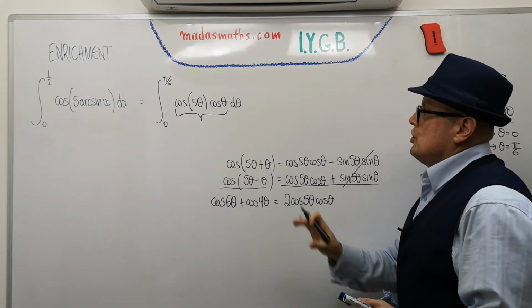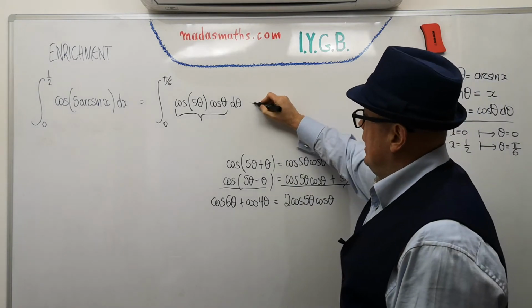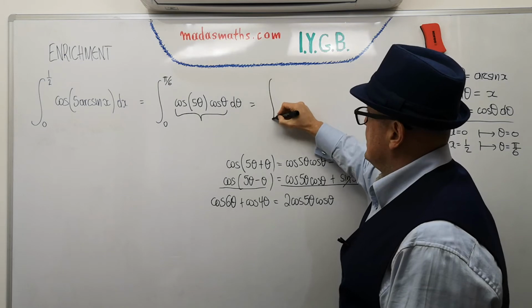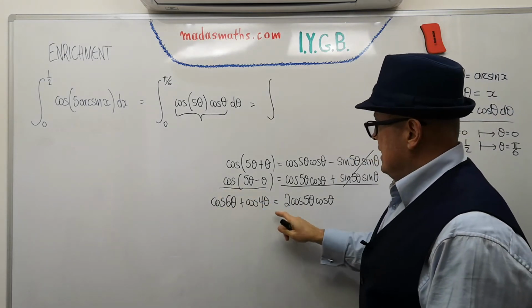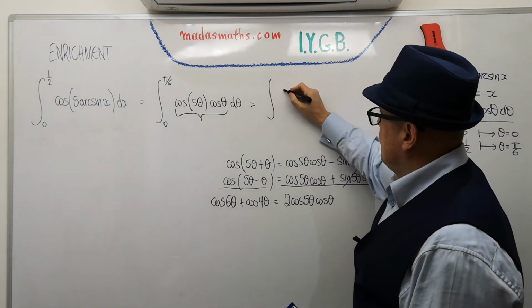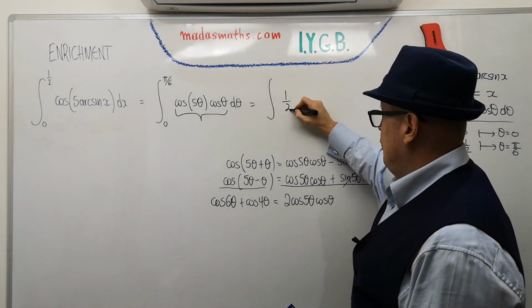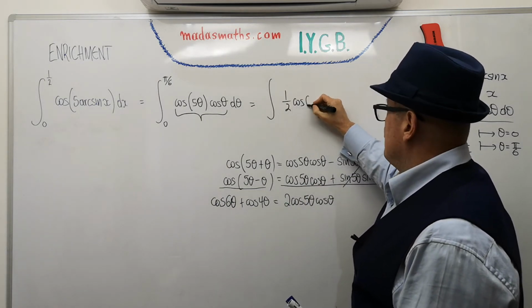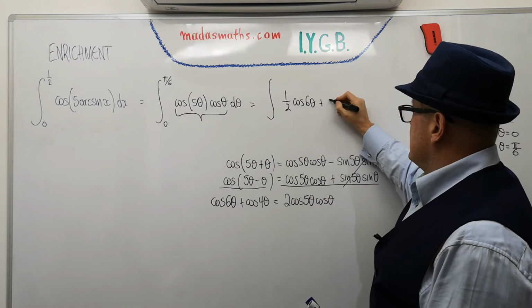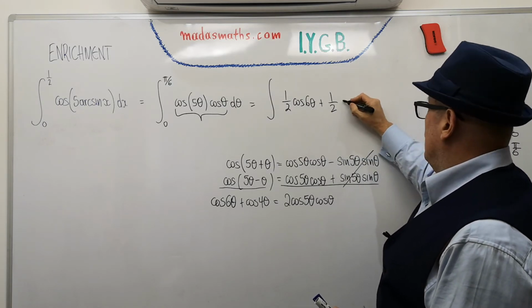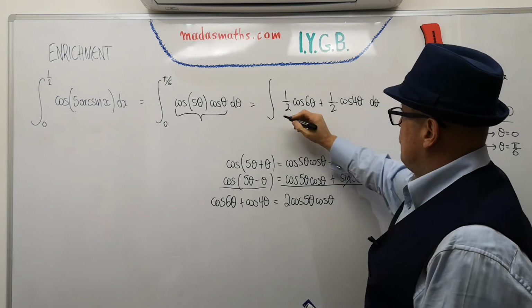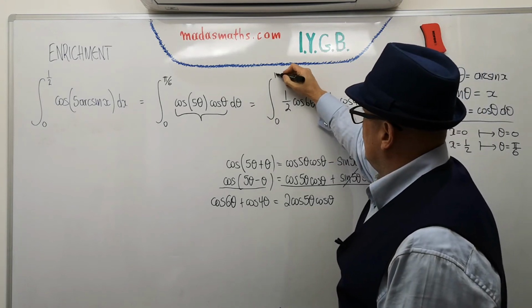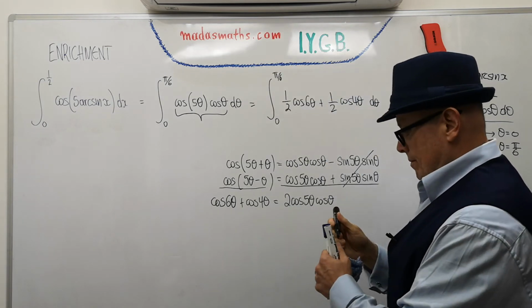So now I can transform my integrand, because I don't have that 2 in there, I'm going to have this quantity but only half. So I can replace it with a half cos 6 theta plus a half cos 4 theta d theta. And let's not forget the limits, which are of course 0 to pi over 6.